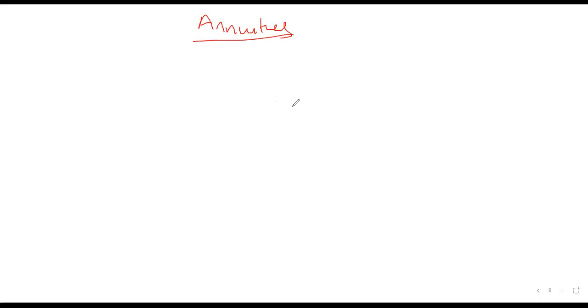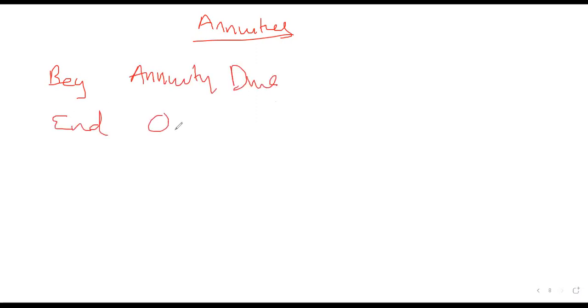So if we have a payment made at the beginning, it's called an annuity due. If we have it at the end of the period, we call it what? An ordinary annuity.